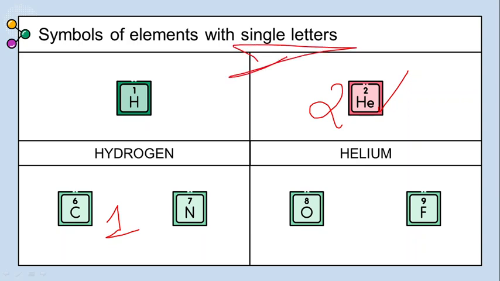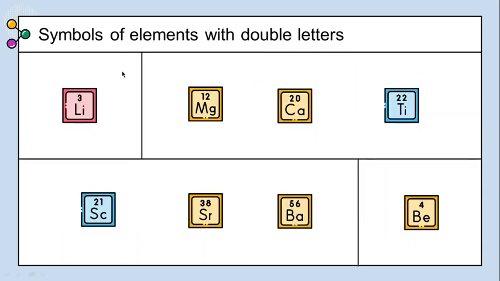Hydrogen, carbon, nitrogen, oxygen, fluorine, boron have single letters. These elements have double letters: lithium, magnesium, calcium, scandium, strontium, barium, etc.